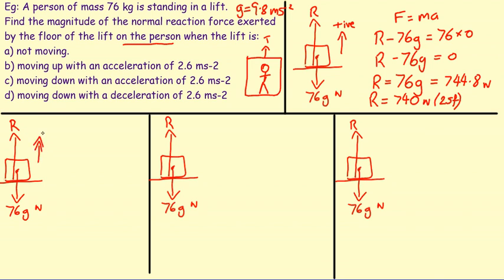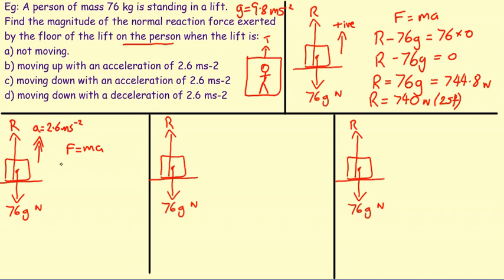Here's my acceleration, a equals 2.6 meters per second squared. They're moving up and accelerating up. So upwards is my positive direction, and we'll apply F equals ma and see what happens to the normal reaction here.